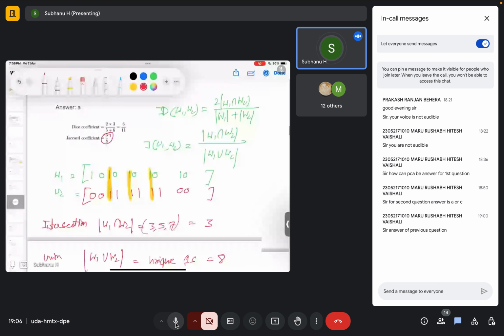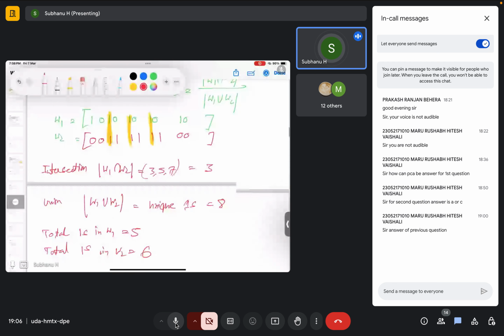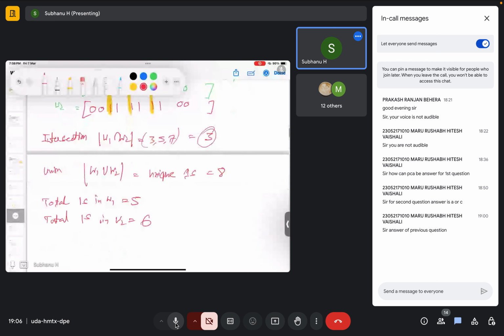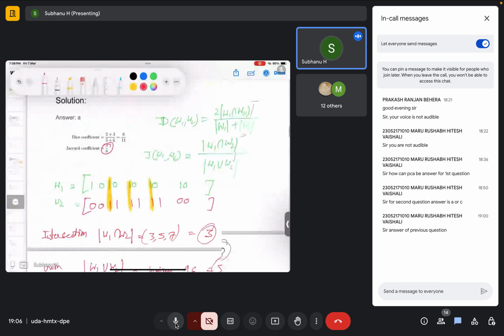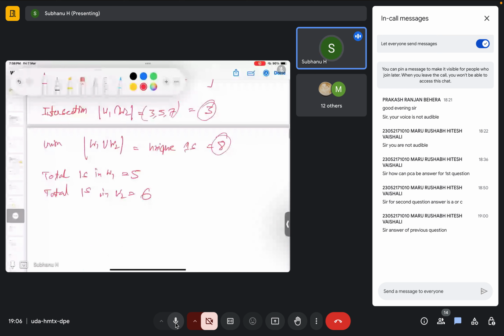For Dice similarity, the formula is 2 into W1 intersection W2 by W1 plus W2. So 2 into 3 by 5 plus 6. That is nothing but 6 by 11.